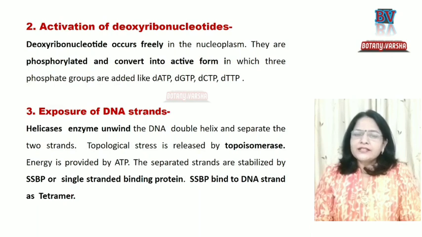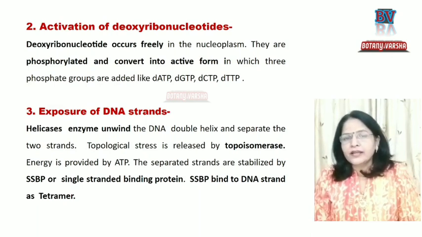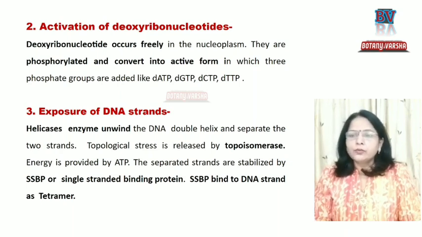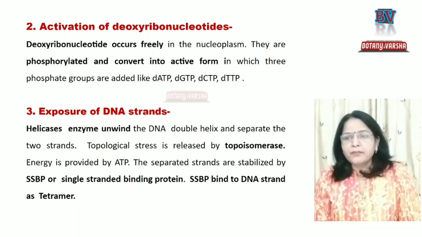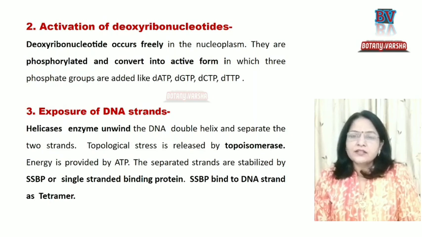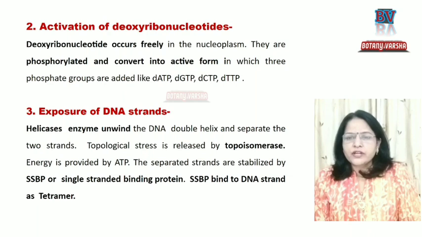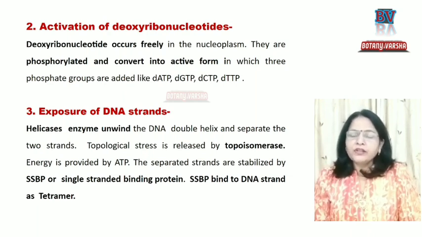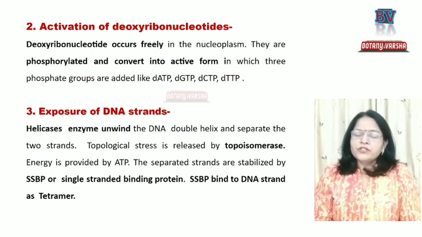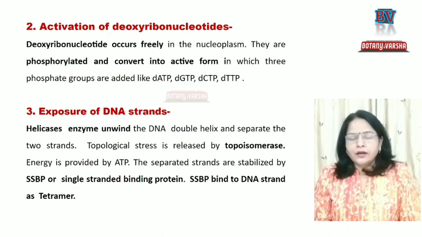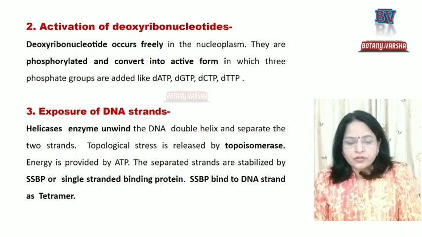The separated strands are stabilized by SSBP, single stranded binding protein. SSBP binds to DNA strands as a tetramer, and the 2 DNA strands open for replication. DNA does not open in one stretch. It opens slowly and gives the appearance of a replication bubble and Y-shaped replication fork.